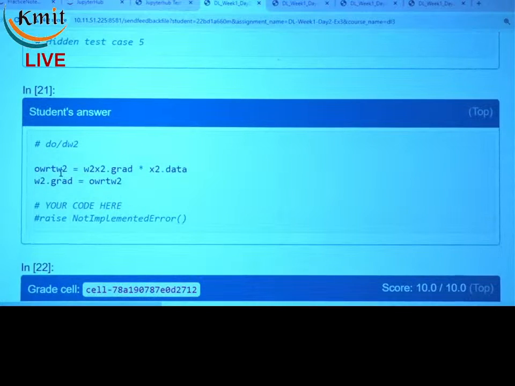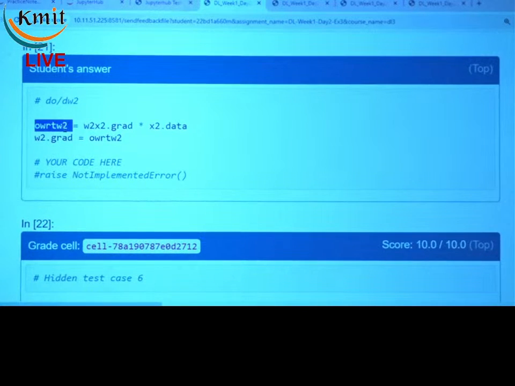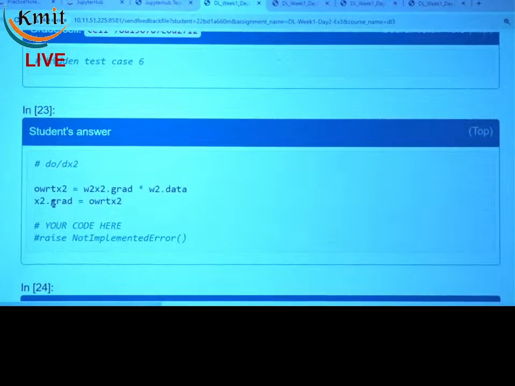Now the gradient with respect to W2 is W2 x2's gradient into x2's data. That is the switch because of the multiplication. So that is how W2's gradient gets computed. Similarly, with respect to x2, it will be W2 x2's gradient into W2's data, again because of the multiplication switch.